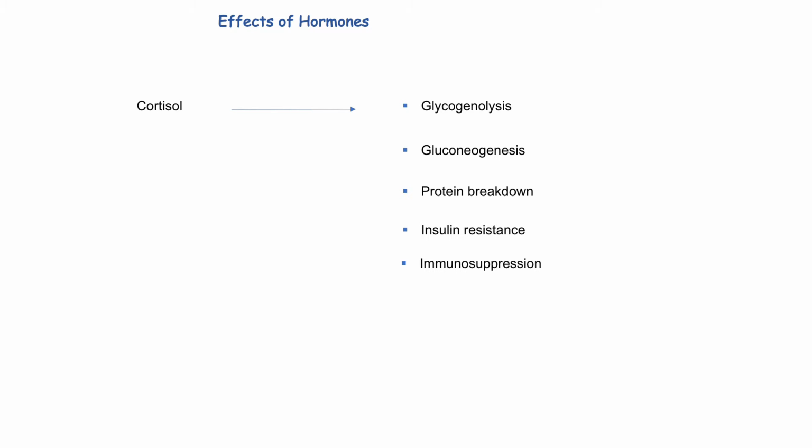Its main actions are gluconeogenesis and protein breakdown. Protein breakdown continues throughout catabolic phase, and resulting amino acids are used for gluconeogenesis and for synthesis of other proteins. Another important effect of cortisol is immunosuppression. So there is increased risk of infections during catabolic phase.